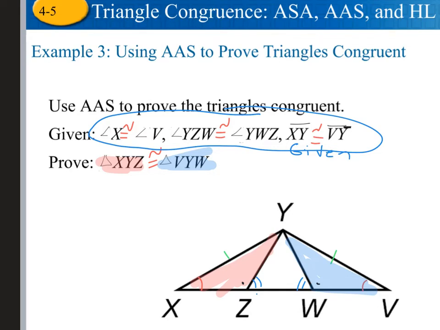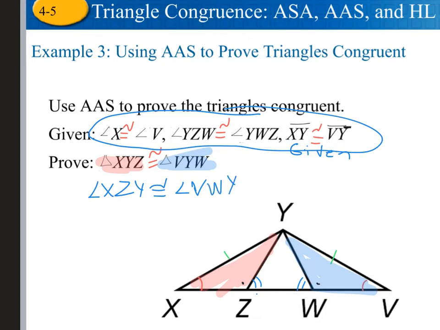Well, I can say that angle XZY is congruent to angle VWY.